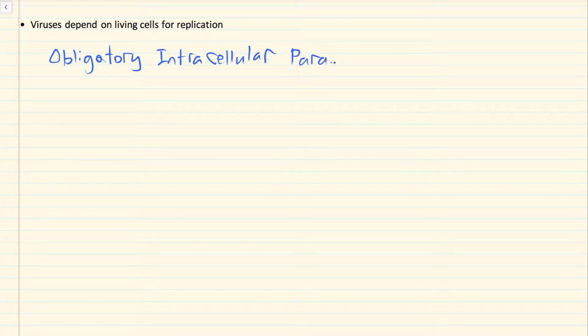Viruses depend on living cells for replication. So viruses can replicate only within living cells. Another way to define them is that they're called obligatory intracellular parasites.